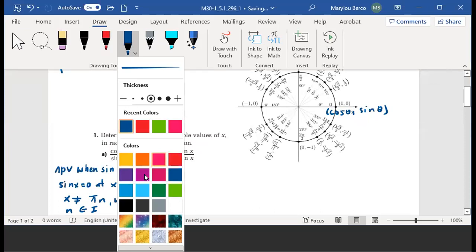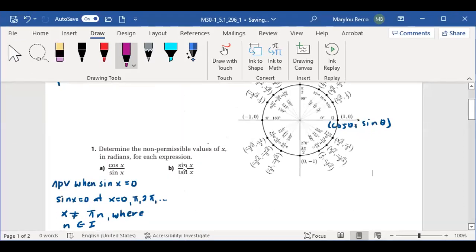Okay, let's take a look at b. Sine x over tan x. Okay, so for sine x over tan x, the non-permissible values occur when tan x equals 0.